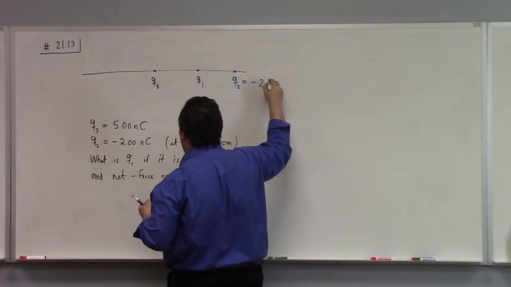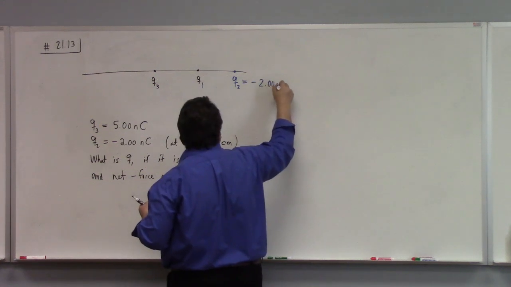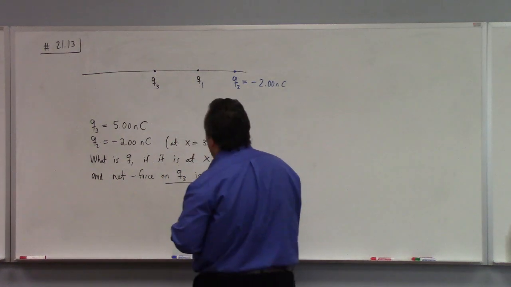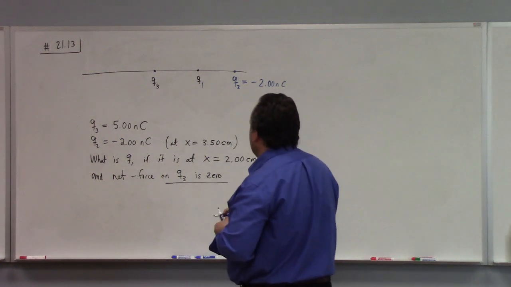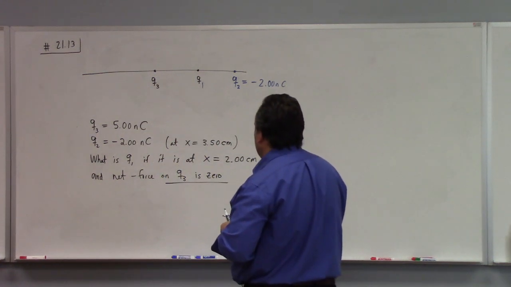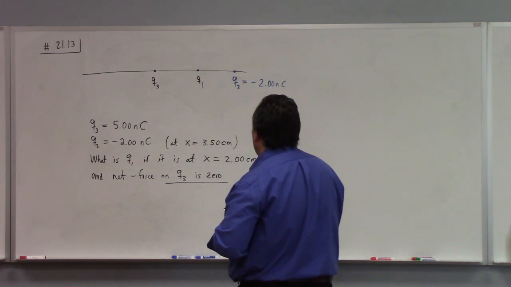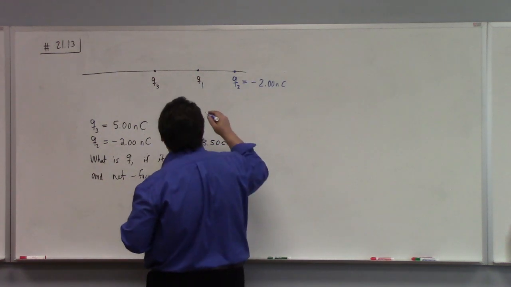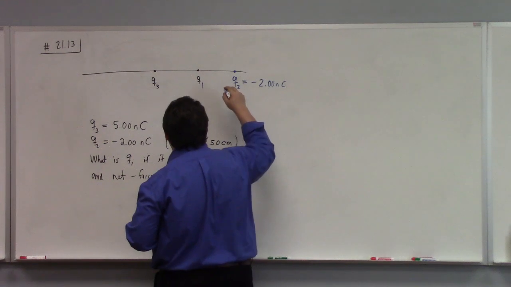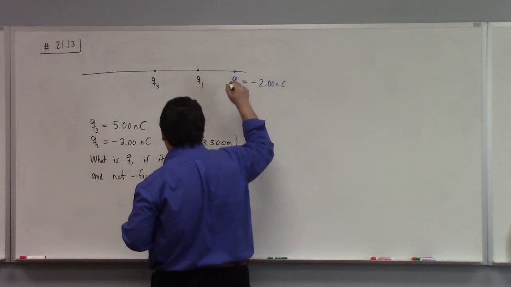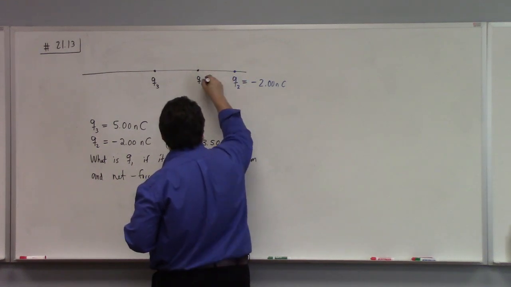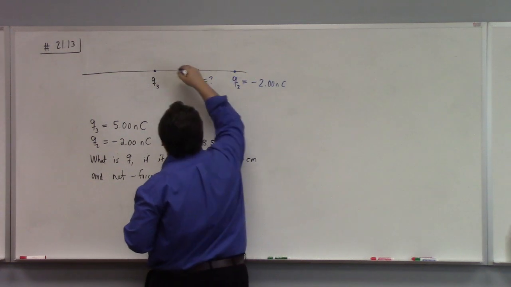So you would just find the electric fields. You know the electric field of 3 is 0, and then you can find the electric field of 2.